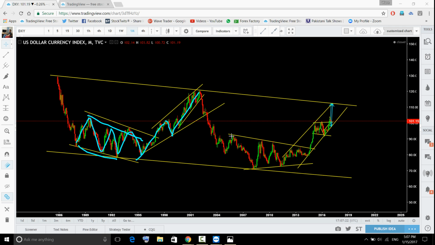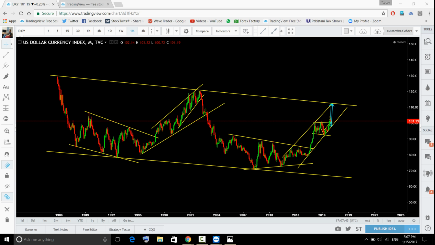Okay, same formation here, like your descending channel, aggressively break up to the upside, then start to form a continuation pattern. We are looking for the up move, for this move. Same like this move.